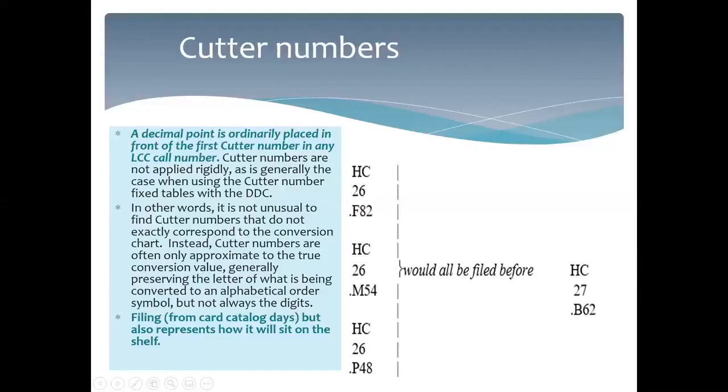But you're going to start at the place that the LC classification points you to. If you have that first cutter, that first subdivision, then you're going to use that, and then you'll start with that second cutter process. If LC doesn't give you that, then you're just going to go directly to doing the cutter.